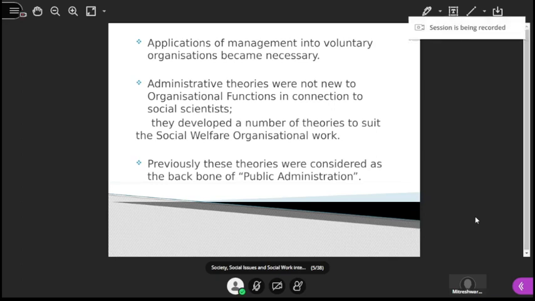So, applications of management into voluntary organizations became necessary. Administrative codes were not new to organizational functions in connection to social scientists. They developed a number of codes to suit the social welfare organizational work. Previously, these codes were considered as the backbone of public administration.